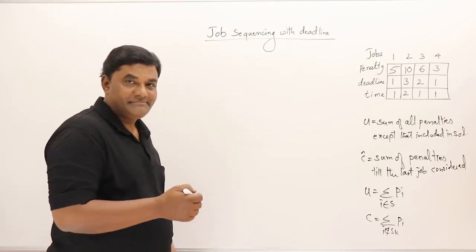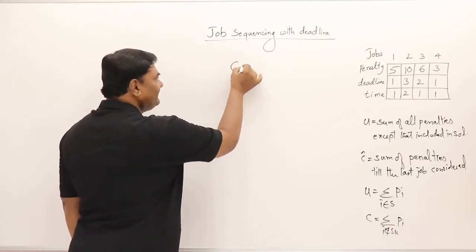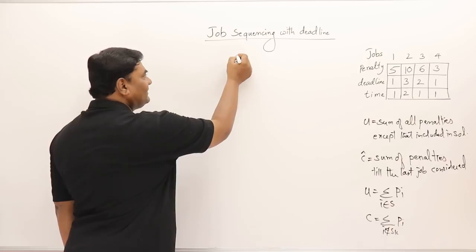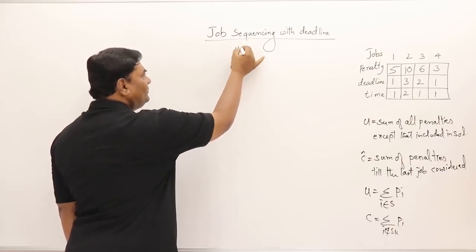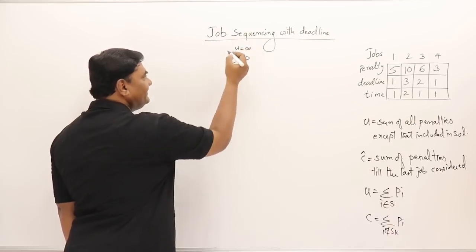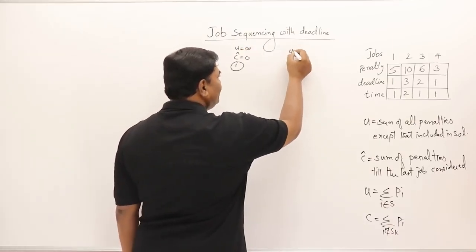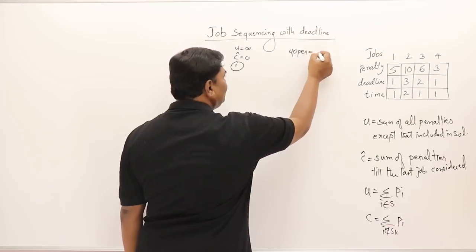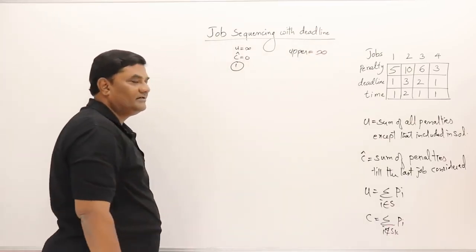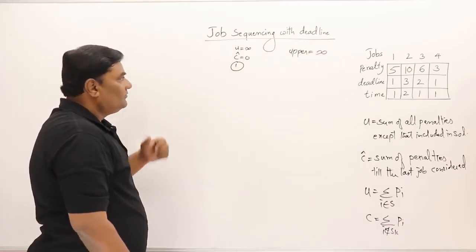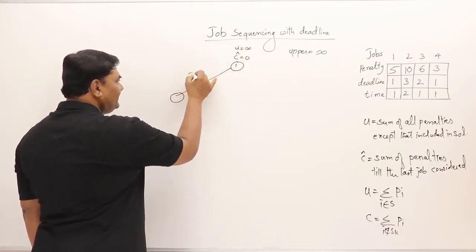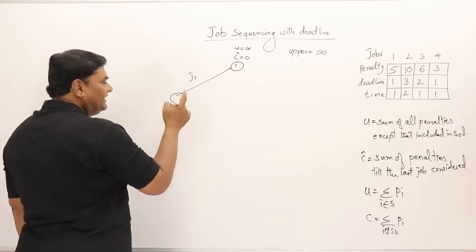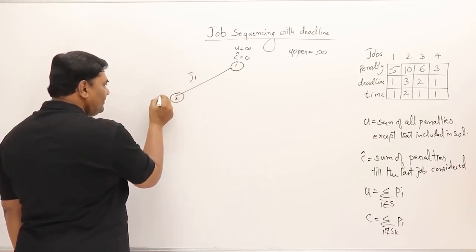Let us generate a state space tree. This is the first node, and the cost is nothing, 0, and the upper bound is infinity. And here we'll maintain one value, that is upper, and we'll keep it as infinity. Now one by one we'll consider the jobs. First job, let us say it is included in the solution. If job 1 is included, then what is the cost?